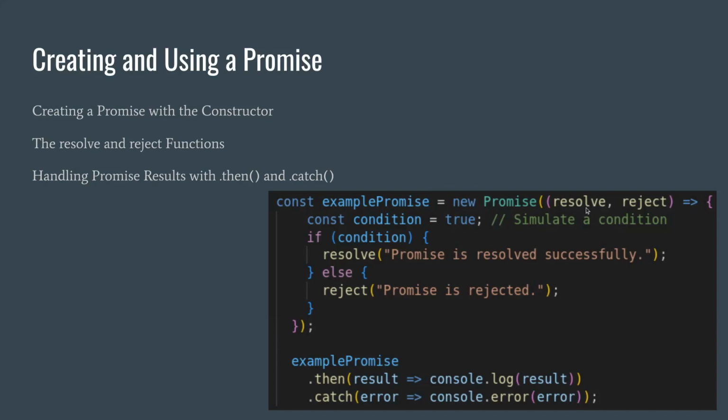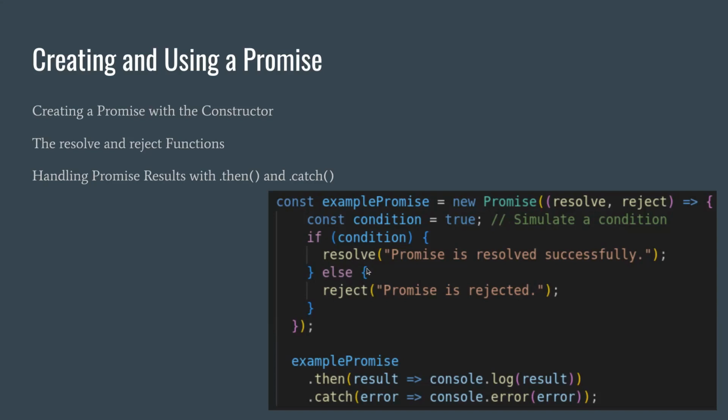They are resolve and reject. And these are functions themselves, and they are used to return the result of the asynchronous operation. So that's why inside this you can see resolve itself and reject itself as a function.